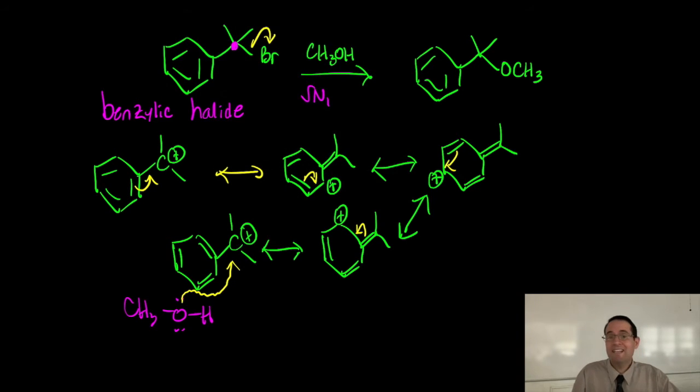Now, we don't want to attack any of the other positive carbocations that are drawn on this page because we want to maintain the aromatic ring. Remember, aromatic rings are extremely stable, so we want to attack just the benzylic carbon, and in the result of that, we're going to be left with a benzene ring, okay, or an aromatic phenyl ring.